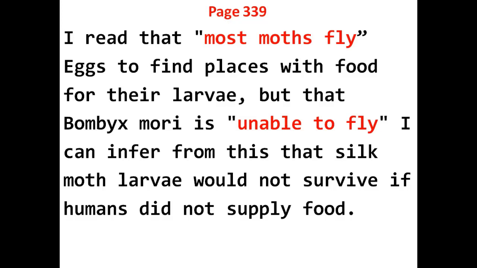Bombyx mori is unable to fly, so I can infer, deduce, and understand that if humans don't provide food, it couldn't survive.